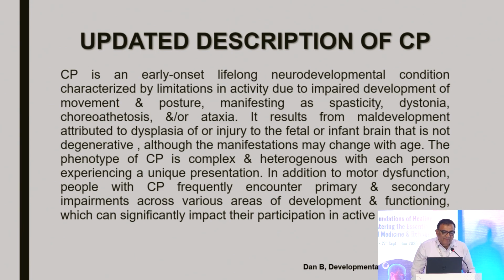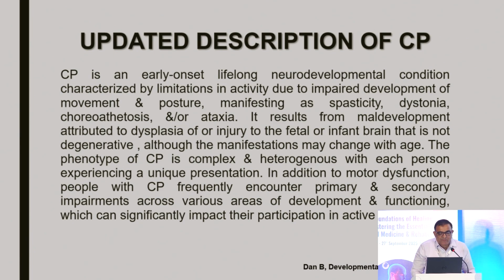Now they have defined CP as an early onset lifelong neurodevelopmental condition characterized by limitations in activity due to impaired development of movement and posture, manifesting as spasticity, dystonia, choreoathetosis and or ataxia. It results from maldevelopment attributed to dysplasia of or injury to the fetal or infant brain that is not degenerative, although the manifestations may change with age.